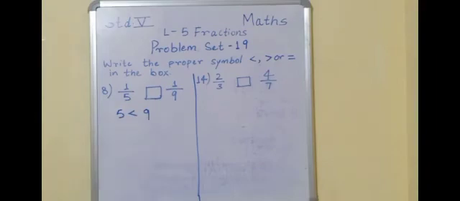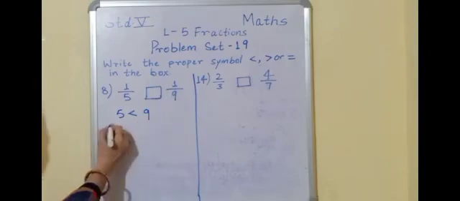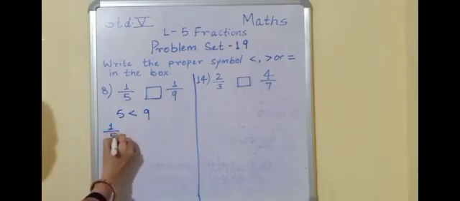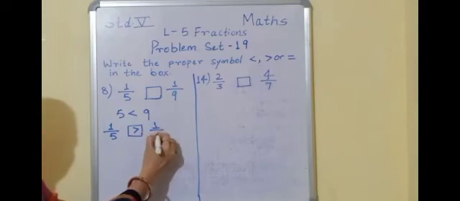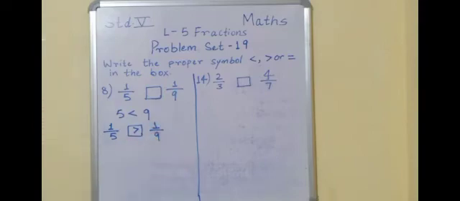So the fraction 1 by 5 is greater than the fraction 1 by 9. So we put the greater than symbol in the box. The open side of the symbol we use should be towards the greater fraction.